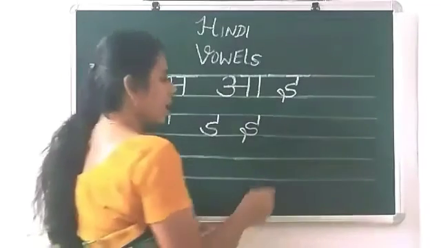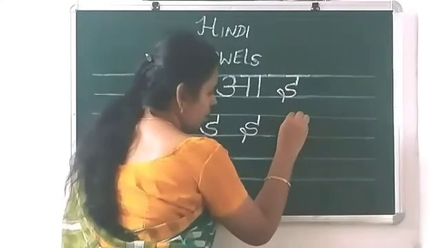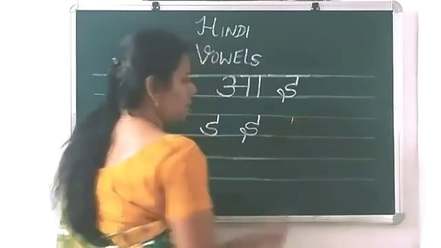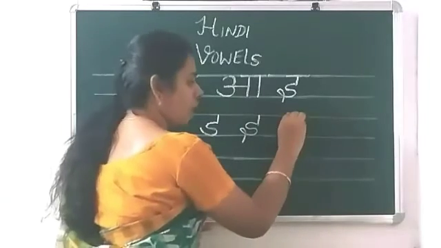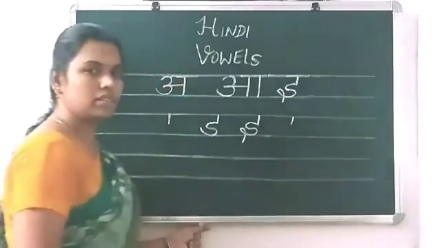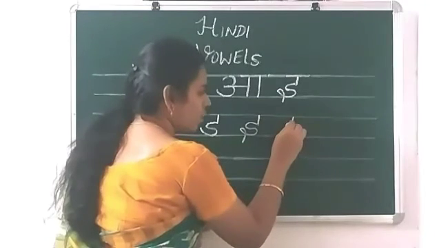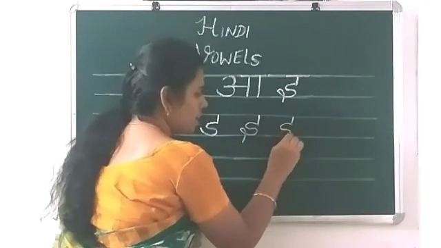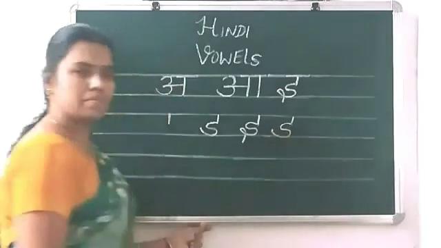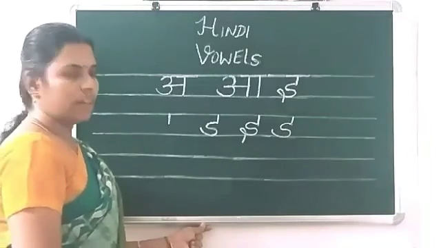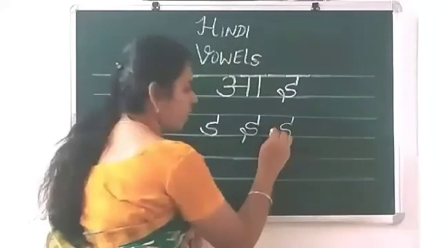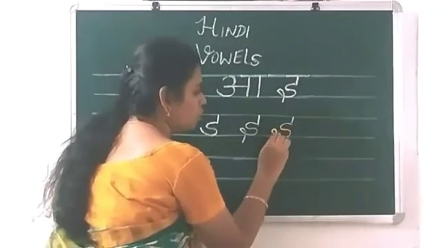Okay. Children, first you draw a small standing line. And second step, then connected to that, write the English letter S. And third step, at the end finish with the short loop.